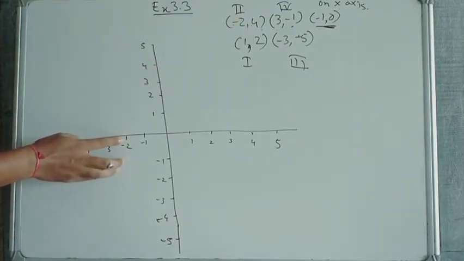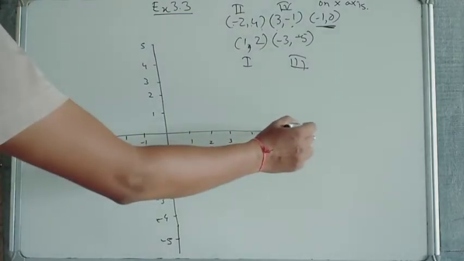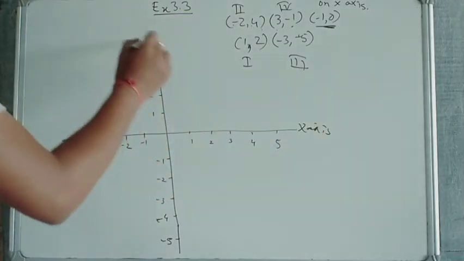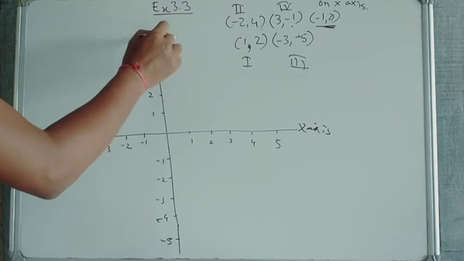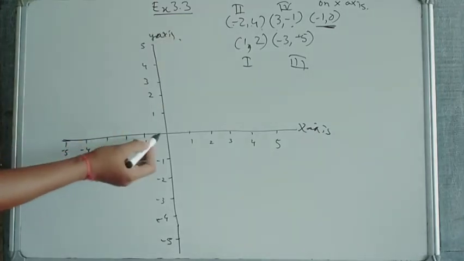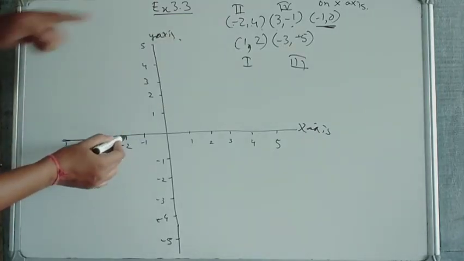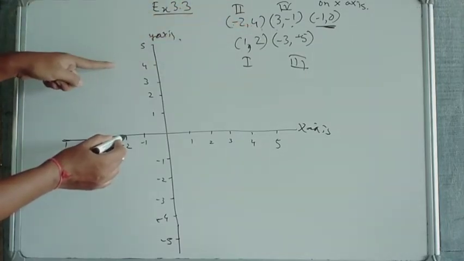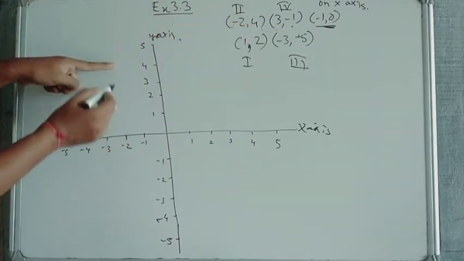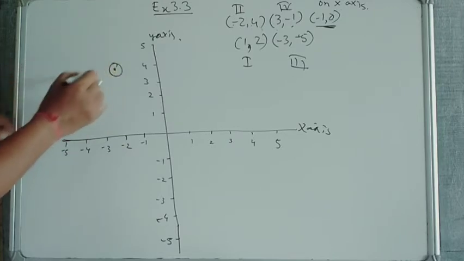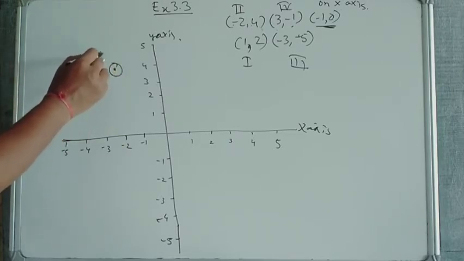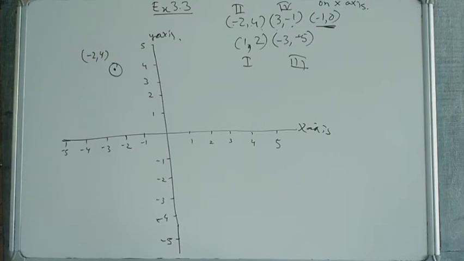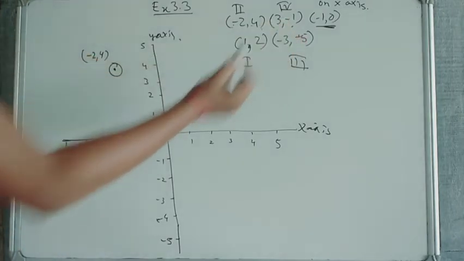This is your x-axis, this is your y-axis. So minus 2 is here on x, and y is 4. So the value comes somewhere here. This is your minus 2, 4. Then the second one is 3, minus 1.